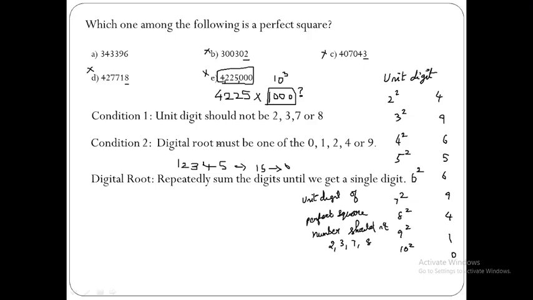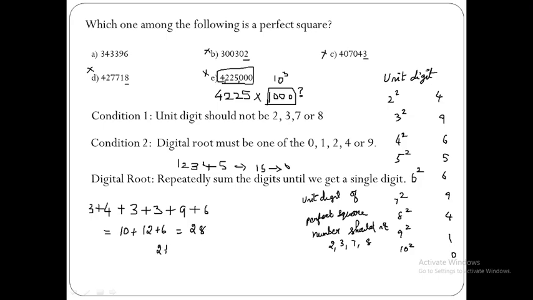Shall we look over the given option A, because we need to know whether it is a perfect square or not. So let's add the digits. 3 plus 4 is 7, 7 plus 3 is 10, 9 plus 3 is 12, plus 6, then 22, 28 I think.